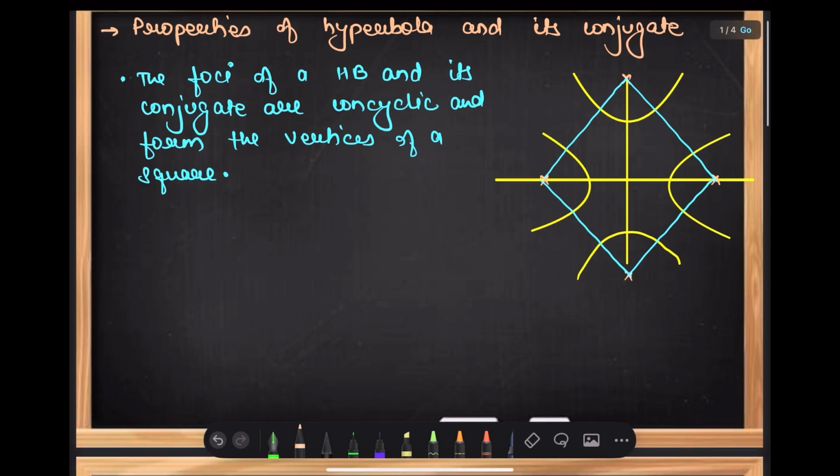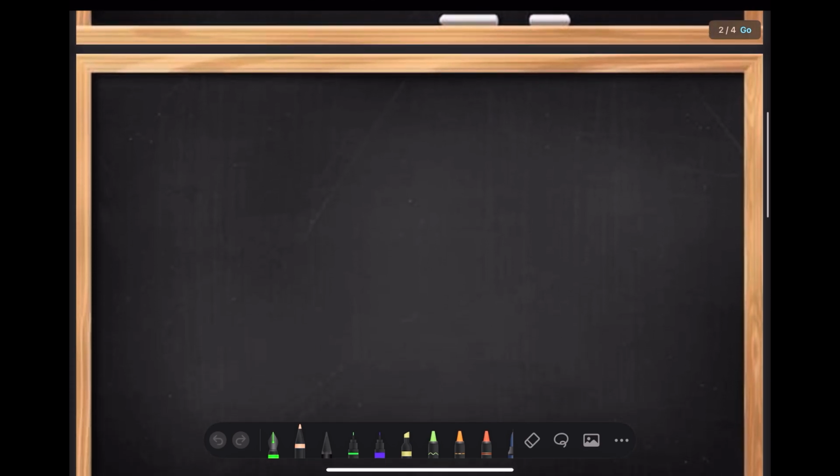Okay, now we have another property. We have a relationship between the eccentricity of a hyperbola and the eccentricity of its conjugate hyperbola. So look at this.